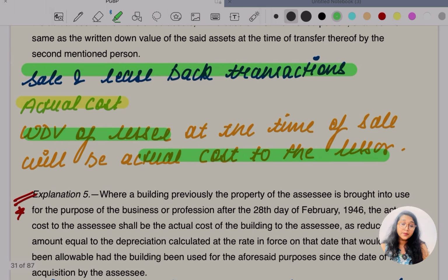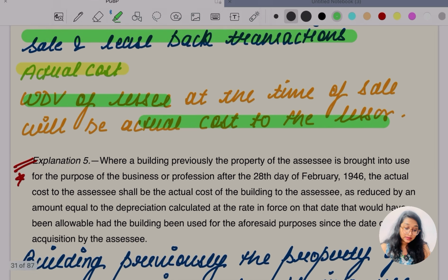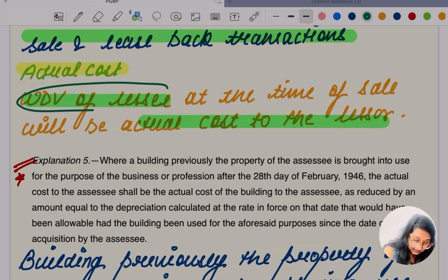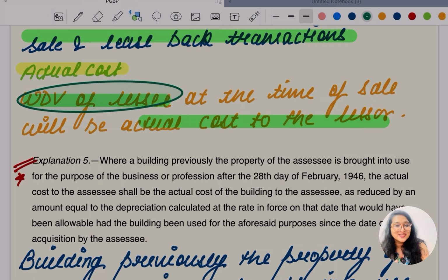So what about the actual cost here? The WDV of the lessee at the time of sale will be the actual cost to the lessor. Let me say it again. WDV of whom? The lessee. So in this case the WDV of the lessee at the time of sale will be the actual cost to whom? To the lessor.